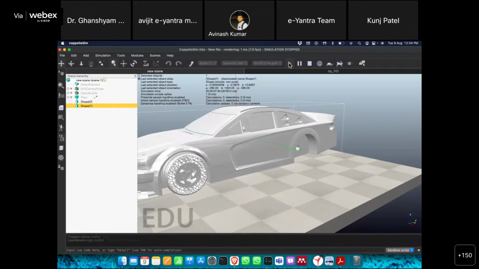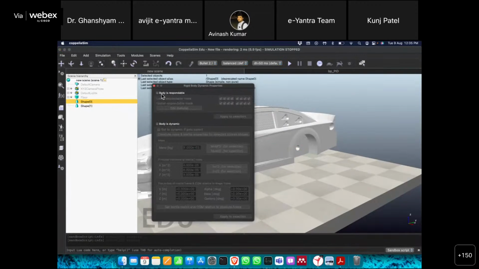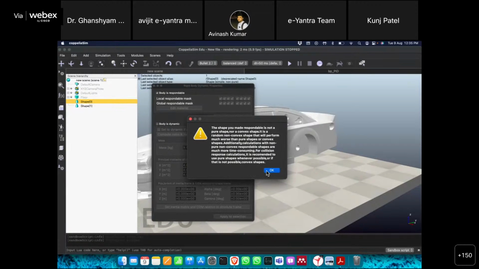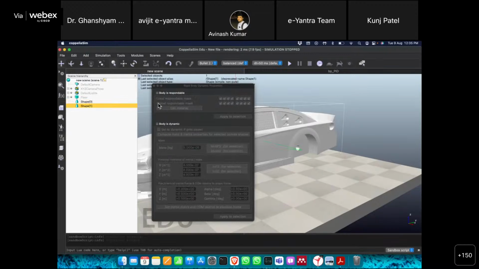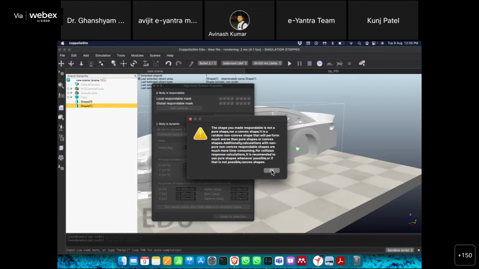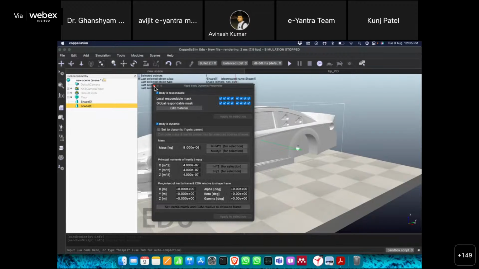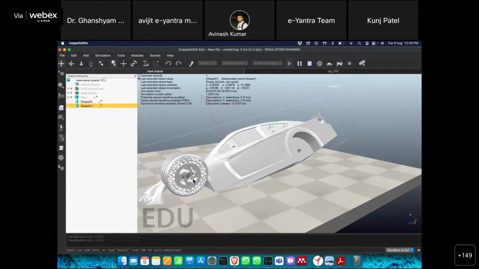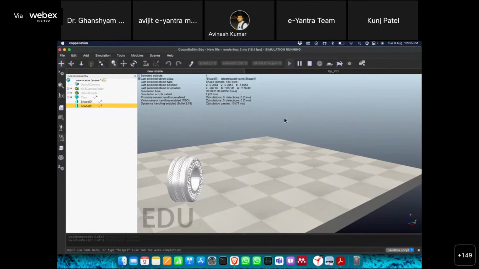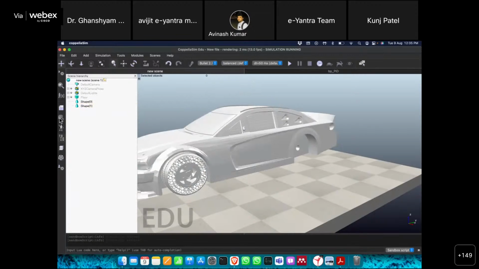Okay, so let's make them respondable and dynamic. Now you can see that it's falling apart. It's not making any sense, right? So for that, you need to have a hierarchy.